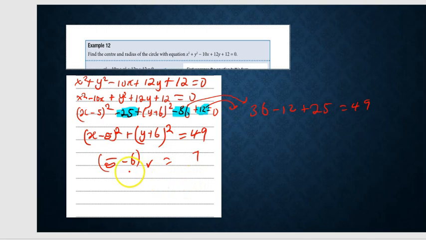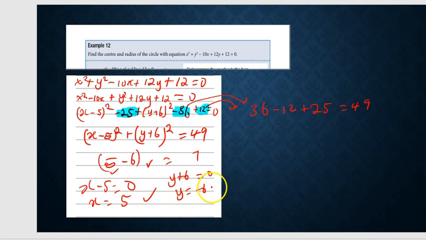You can solve these two equations to get this value, because you have x minus 5 equals 0. x is simply going to be positive 5. That's how you get 5. And if you solve y plus 6 equals 0, you simply have y equal to negative 6.